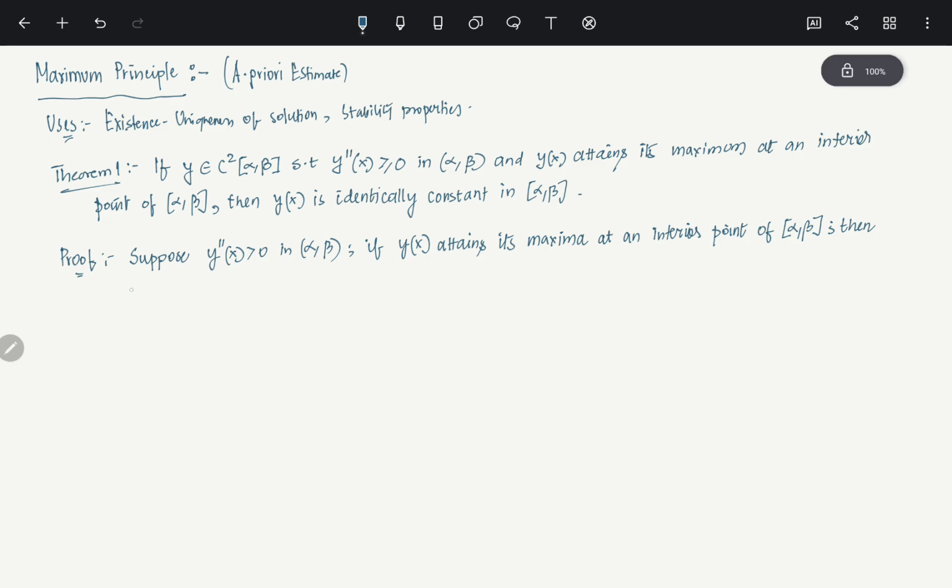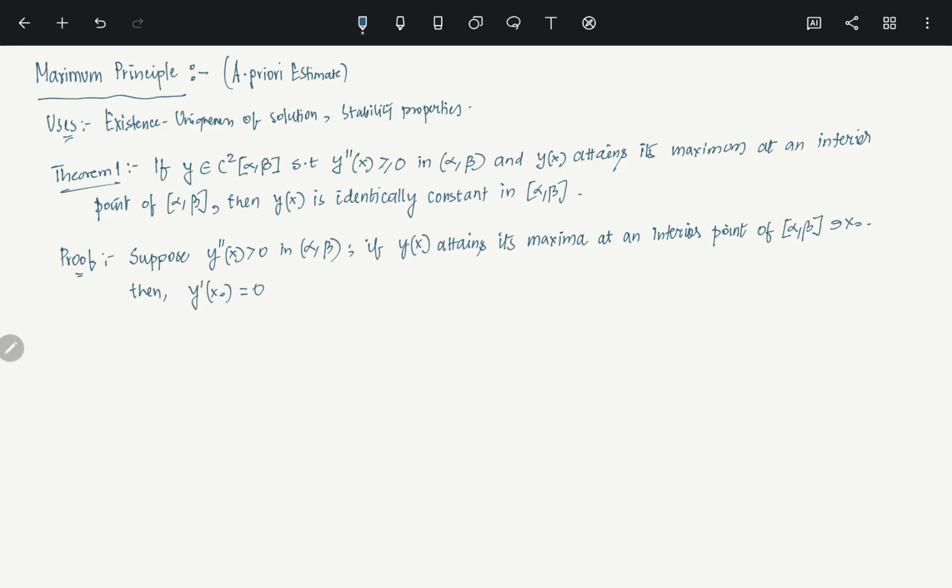Then what can you say? Basically, at an interior point of (alpha, beta), let's call it x naught, then what can you say? y'(x naught) has to be 0, right?